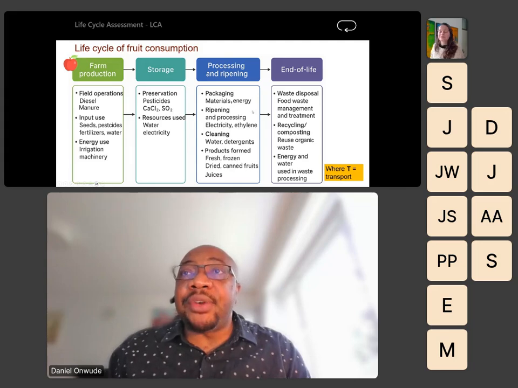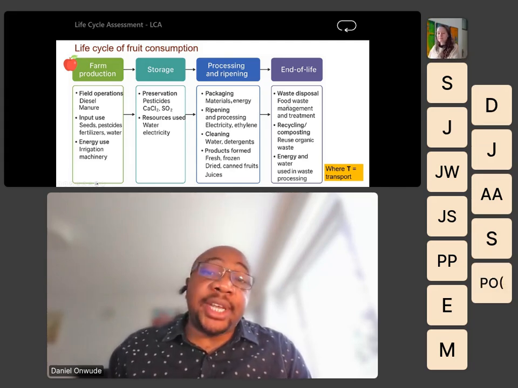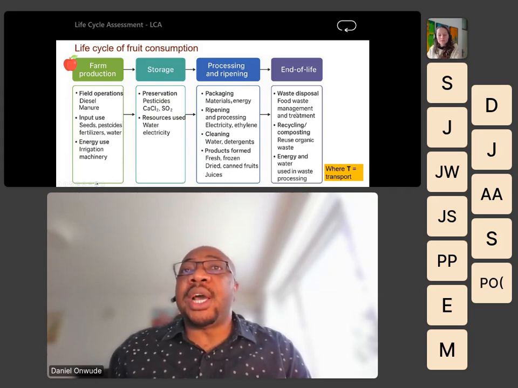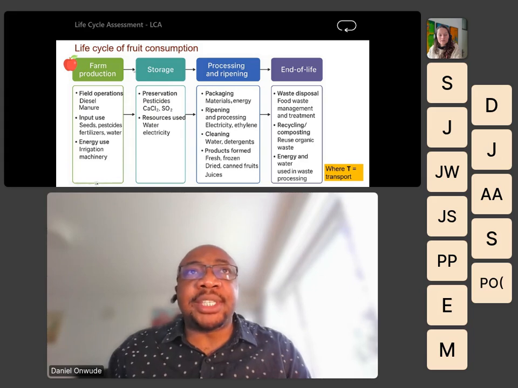And then at the end of the day, when it gets to the consumer, it could be completely eaten, or we have wastage in different forms, and this waste could be treated or even recycled. But all these also contribute to the environmental impact. And in each of these stages, we also have transportation, which is very big. I think I'm omitting the T at the top here, but there is a T for each of these stages.